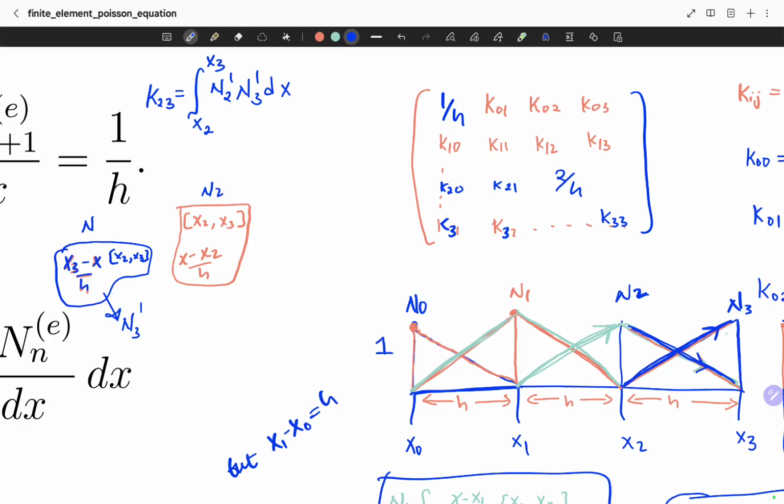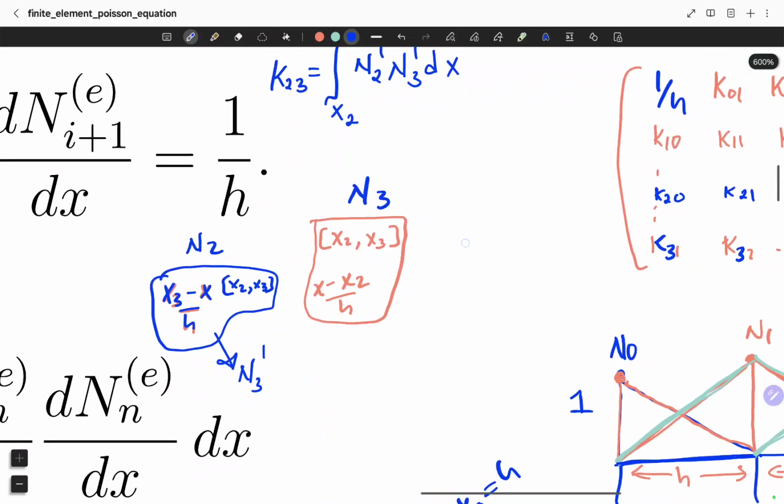Good. X minus x2. This one is x3 minus x. That is n2. This is x minus x2. This is n3. Good. So we don't mix them up.